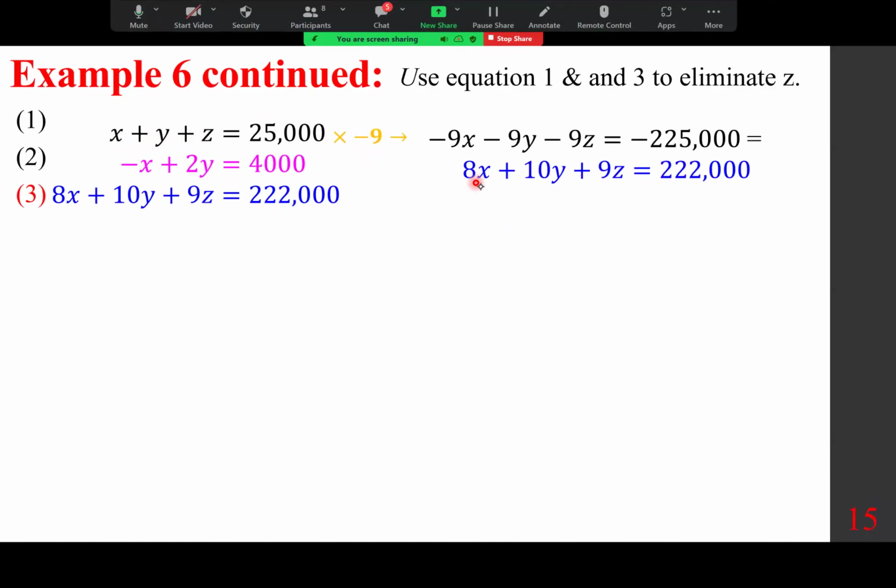So what happens is these two cancel each other. And so minus x plus y minus 3,000.